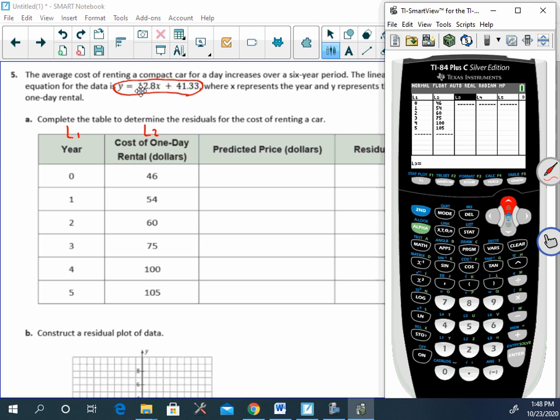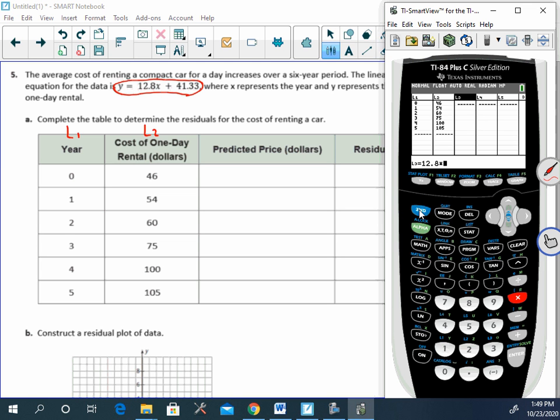Okay, so we're putting 12.8, and instead of times X, because your calculator doesn't know where you put the X values necessarily, our X values are here in my L1. So instead of times X, I'm going to put times L1, and you can see L1 here above the 1 in blue.